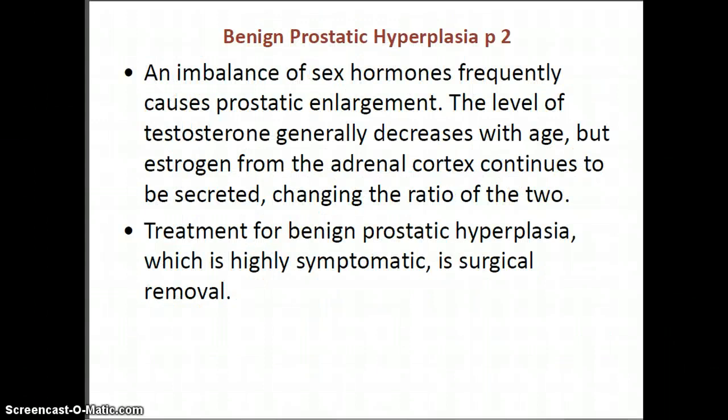An imbalance of sex hormones frequently can cause this enlargement. The level of testosterone generally decreases with age, but estrogen from the adrenal cortex continues to be secreted, and it changes the ratio of those two hormones, and this is often the cause of that hyperplasia.